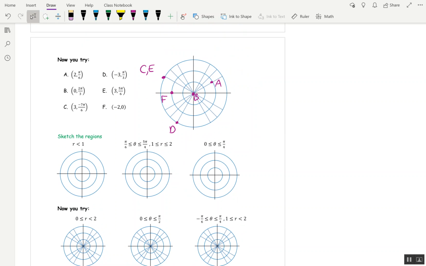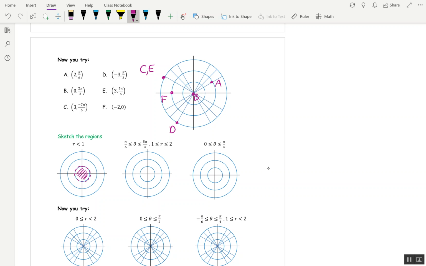The first one is r less than 1. Now r is the distance from the point to the origin, and there's no condition on theta here. So if r is strictly equal to 1, then that's a circle 1 unit from the origin. Now we want r less than 1, so I'm going to use a dotted line around that circle, r equal 1, and then I want to shade everything inside.